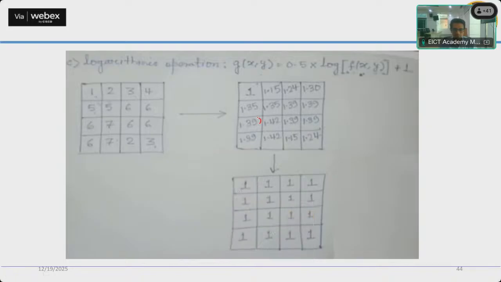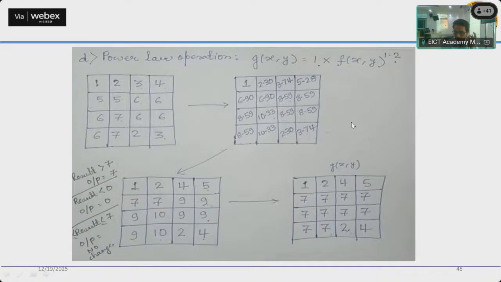See here it is 1.39. So what would be the value? It is 1. This is 1.39 also here, so it is all basically 1. I hope it is well understood by everyone. Any question?